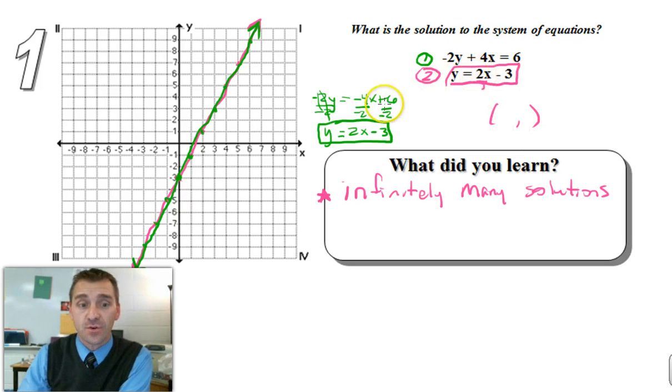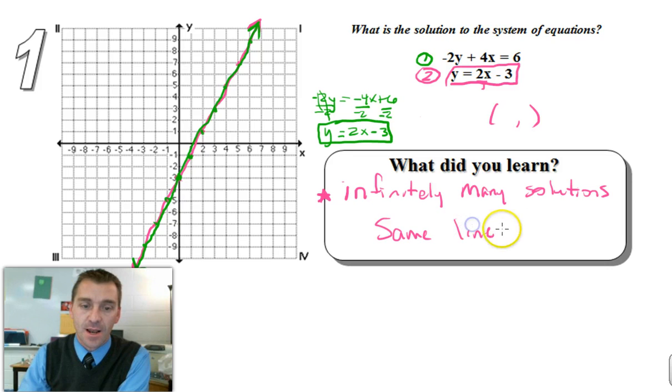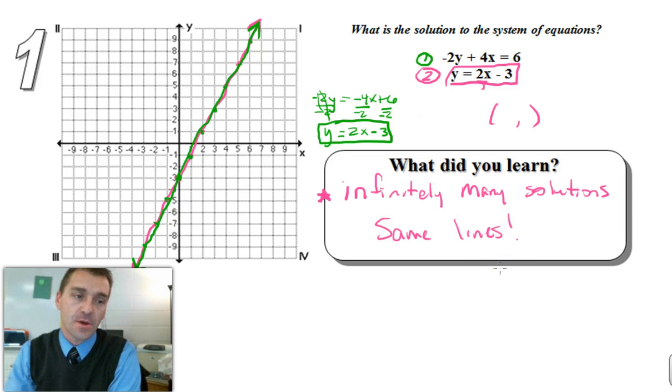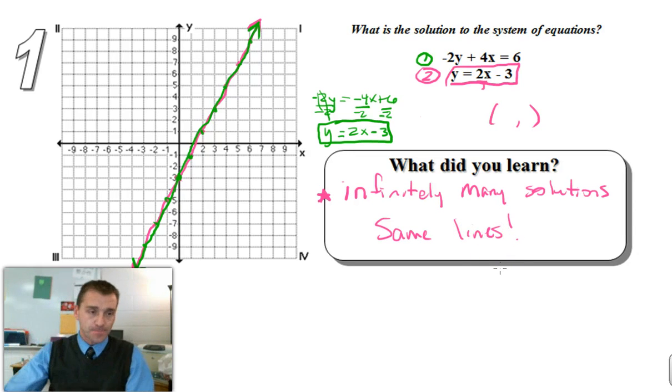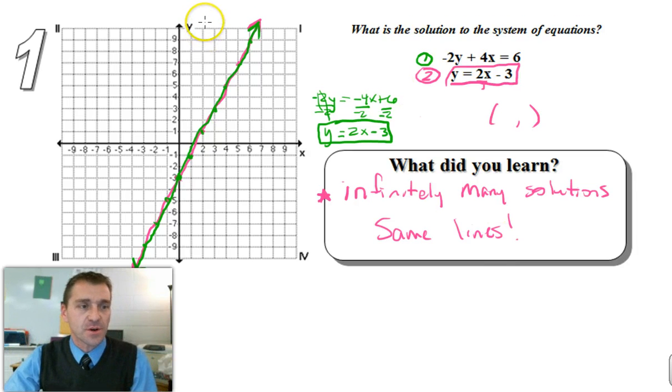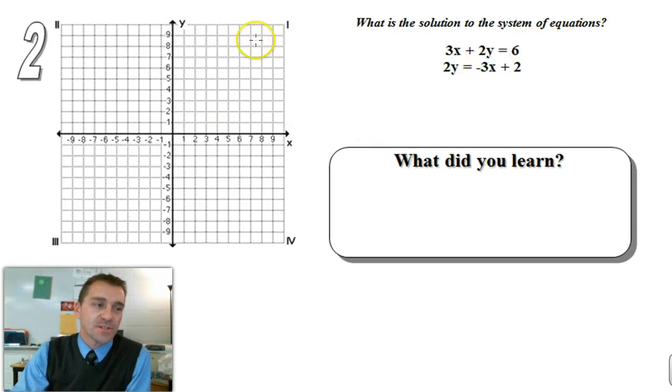And it happens whenever you have the same exact slope and same exact y-intercept, aka the lines are exactly the same. Bam, there you go. So there's one unique situation. So let's go to example 2 and find out what the uniqueness of that one is. Alright, onward to example number 2.